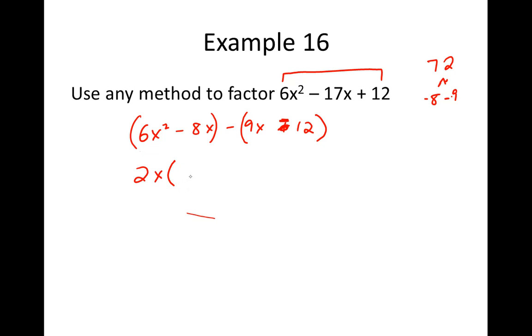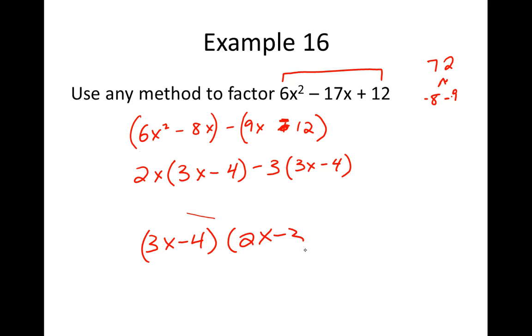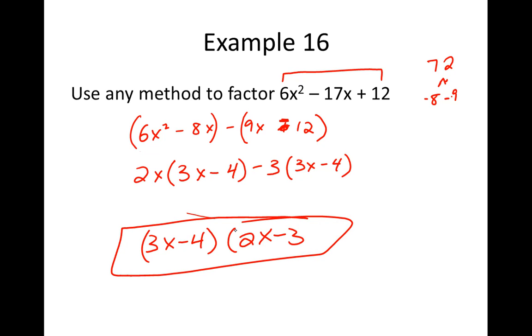What am I left with? 3x minus 4. And pull out a 3 from this one, right? And I'm left with 3x minus 4. Pull out my 3x minus 4, and I'm left with 2x minus 3. There we go.